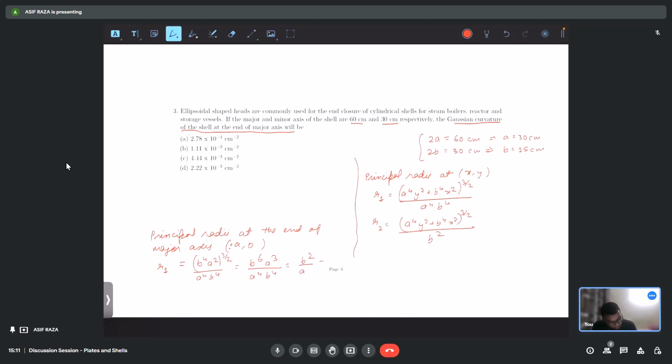And r2 would be b to the power 4 a square to the power 3 by 2 over b square, and this would be equal to b to the power 6 a cubed over b square.